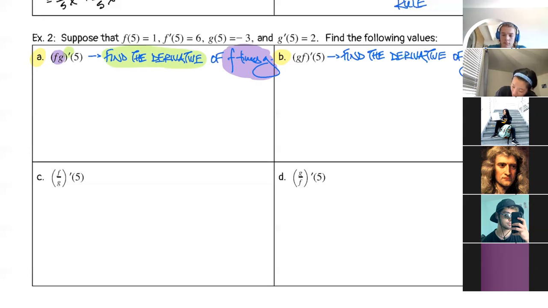All right, well, let's take a look at C and D. How do we modify the language we've used in A and B to write in words what C and D are asking us to find?